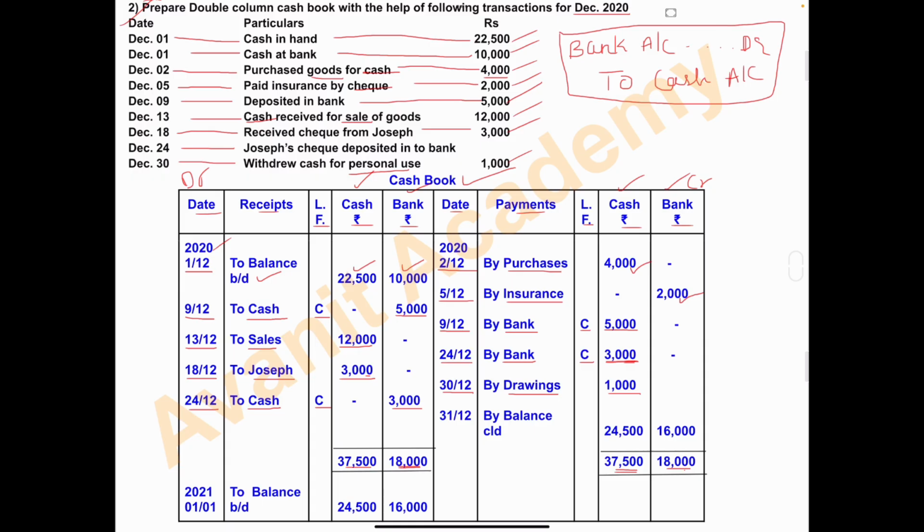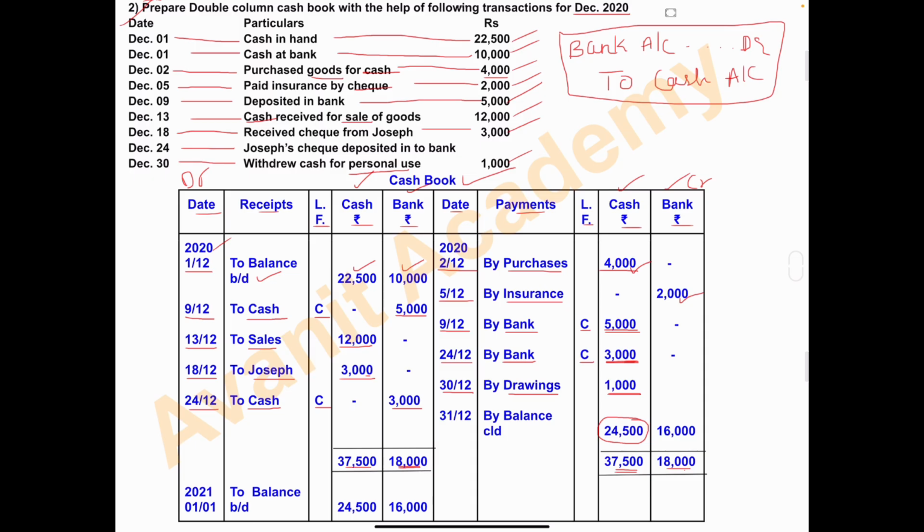So first we'll find the difference of the cash column. From 37,500 minus 4,000, minus 5,000, minus 3,000, minus 1,000. Okay, minus all these four amounts. So the difference amount in the cash column is 24,500.